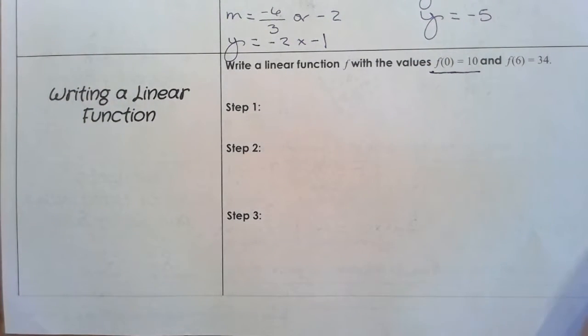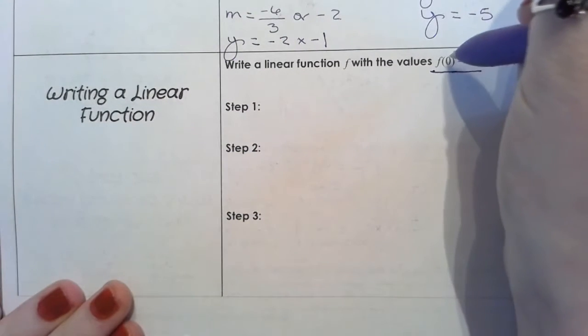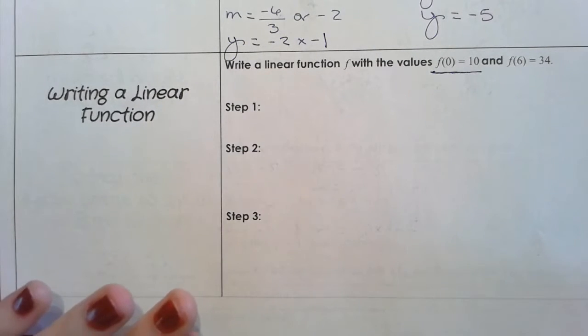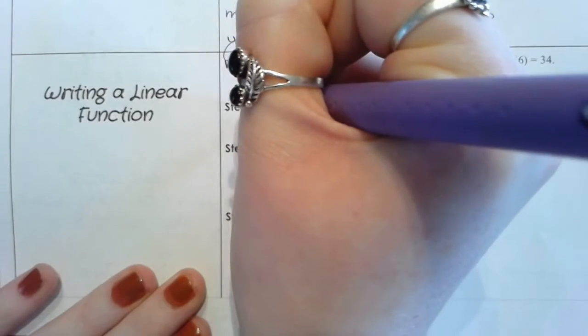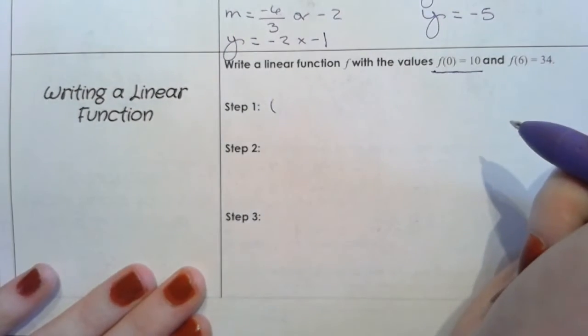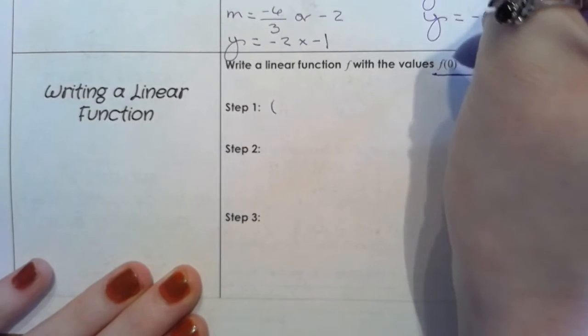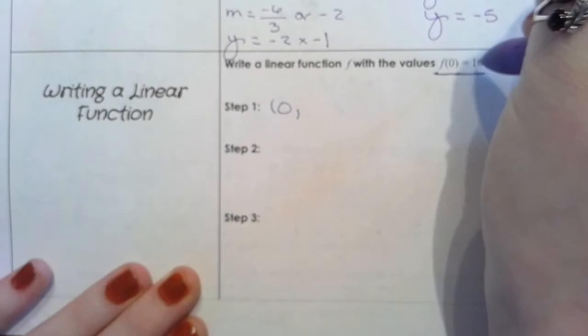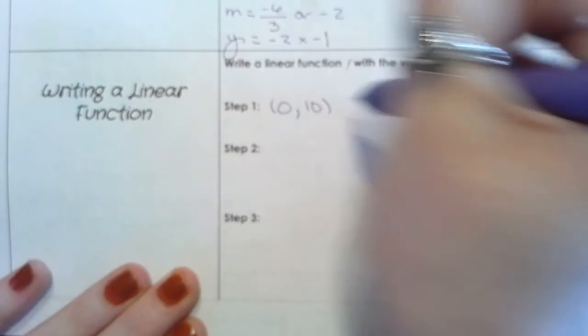So that's how that reads, f of 0 equals 10. So we know 0 is our input value into the function and 10 is the output. So this can just be written as a point as well. So for step 1, I'm just going to write this as a point. So my input is 0, so x is 0, and my output, or my y, is just 10.